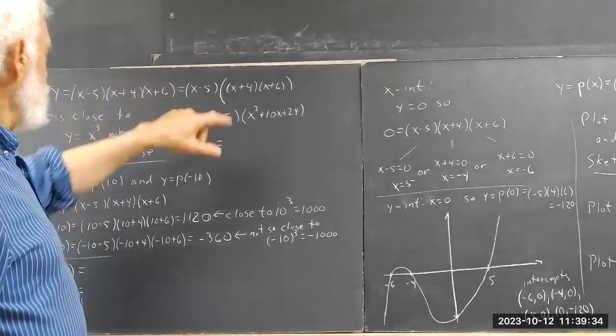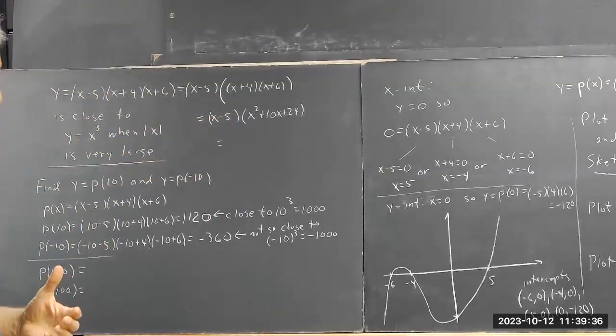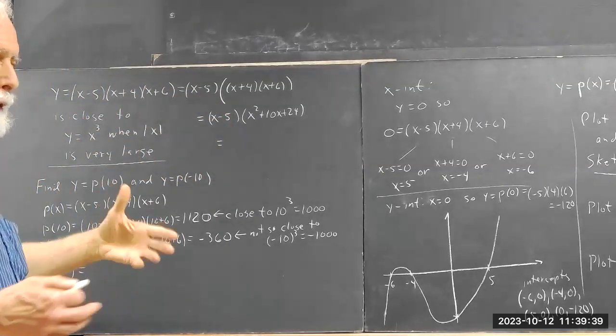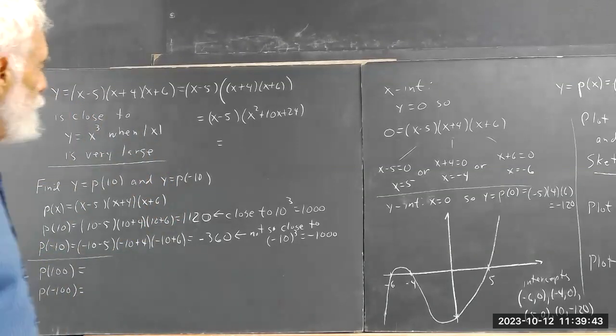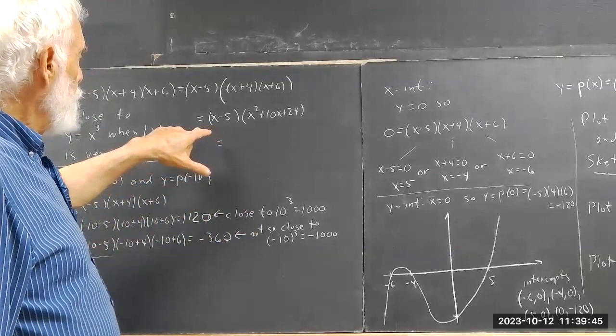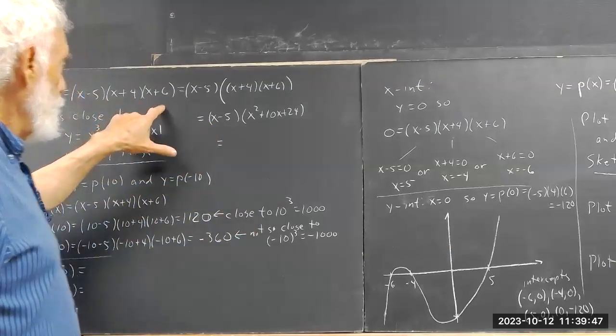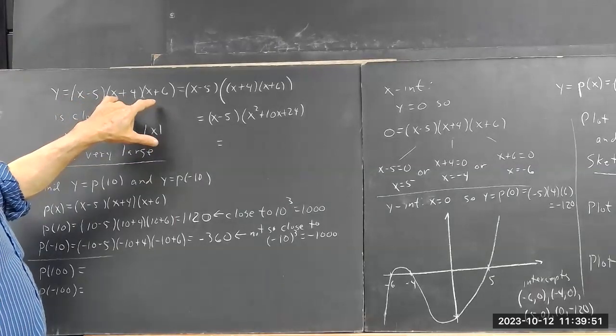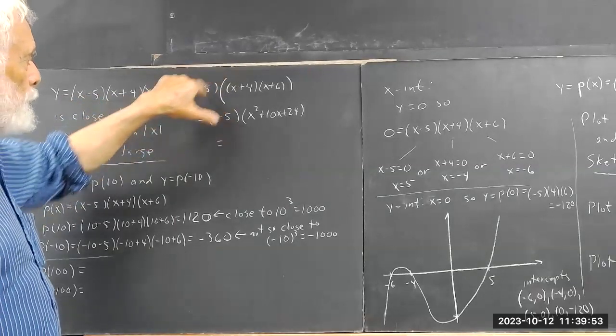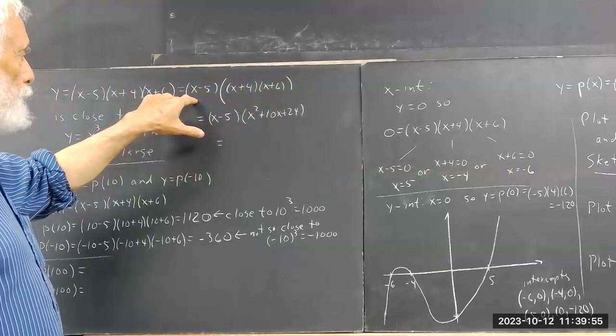If we expand this, then we're going to get a polynomial in standard form as opposed to factored form. To multiply all this out, we can only multiply two things at once, so we pick these two. I'm going to put big parentheses around these two and leave this out here.